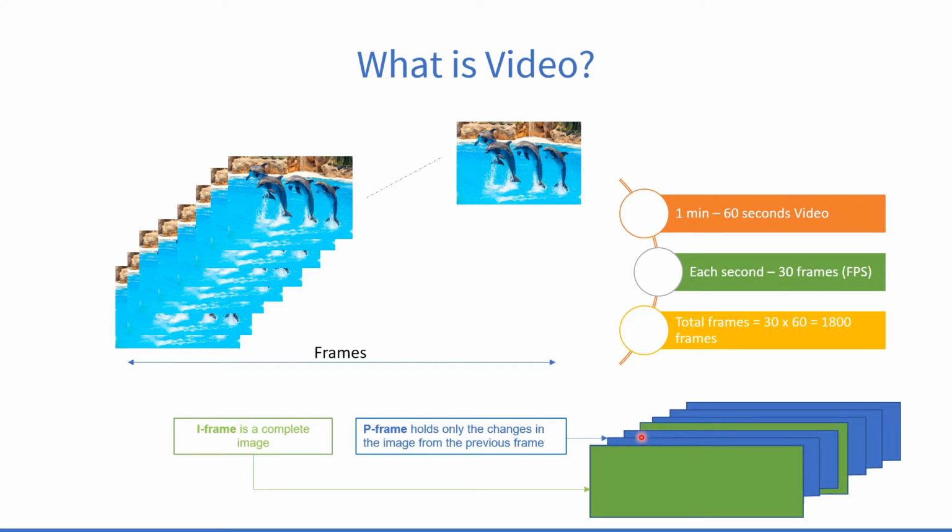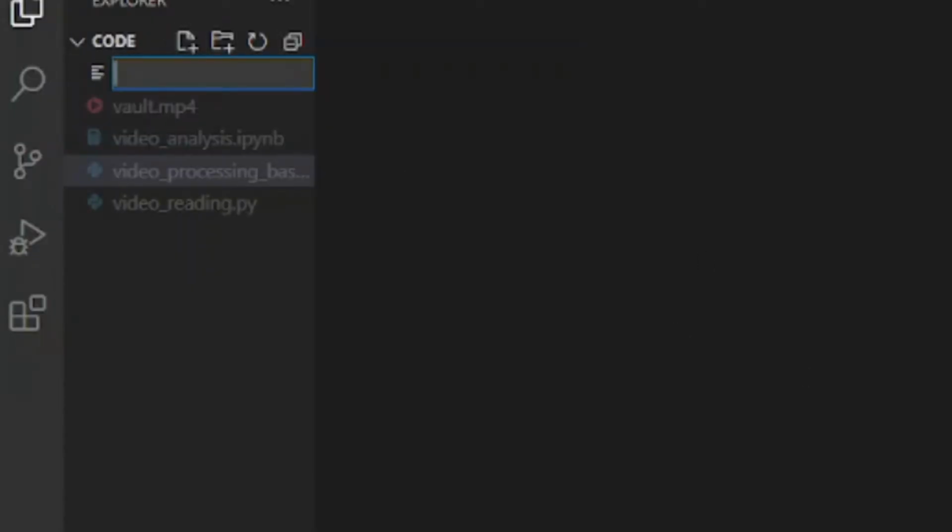If you have a still camera or a news reader, only the lips may change and sometimes the face may change, but the whole background is common, so it will contain the difference. So the difference will be just 0, and only where changes occur it will have some information. So in this way, an I-frame will be a complete image and a P-frame will be the difference. In ordinary videos, there will be around one I-frame followed by P-frames.